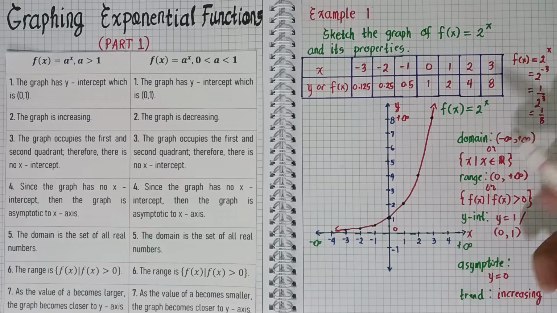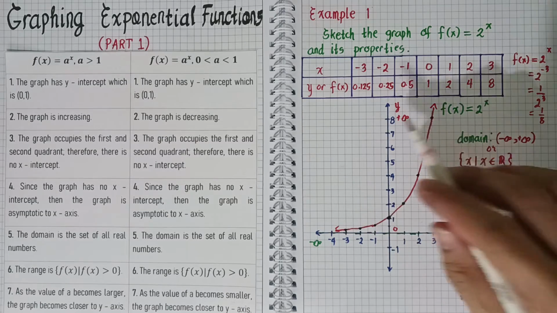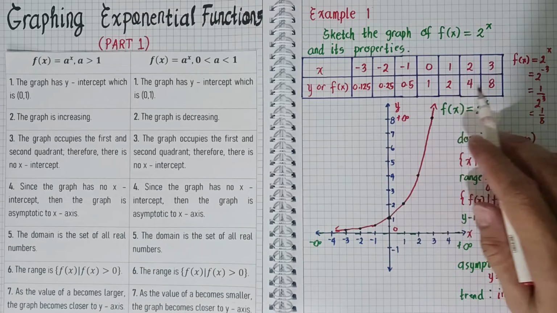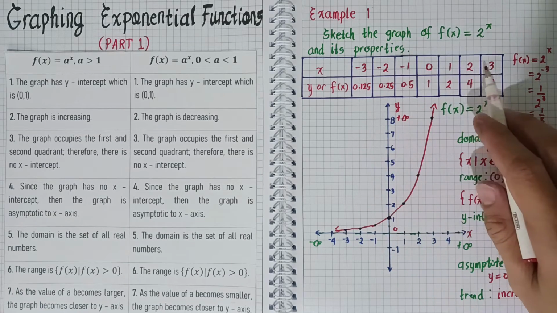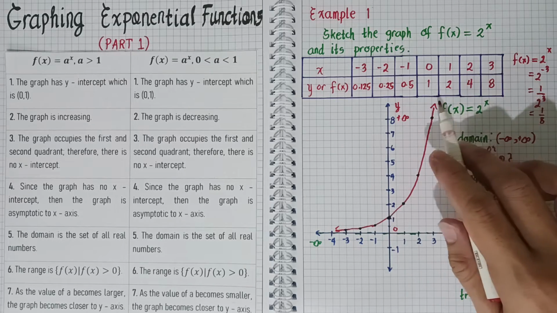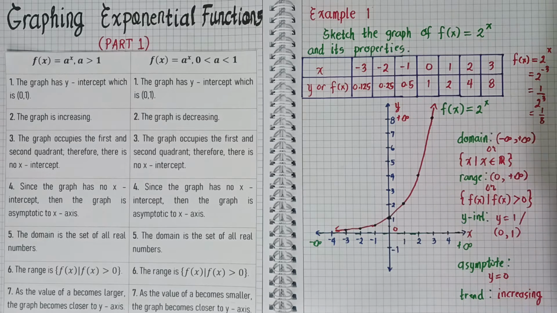Bakit siya nag-increasing? Kahit hindi pa natin i-graph yan, tignan nyo guys, yung mga y values natin, papataas na papataas, ganun din sa x natin. So, as x increases, also, y or f of x increases exponentially. So, papataas siya, kaya increasing. Gets? Okay, let's answer example number 2.